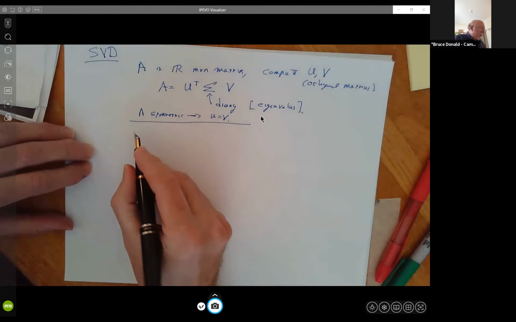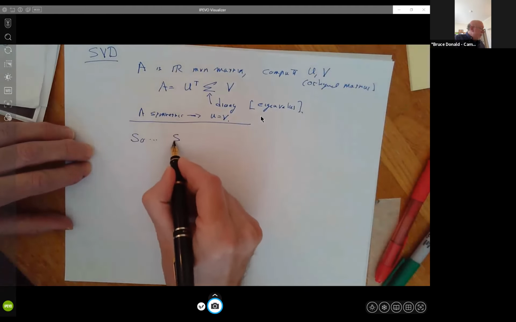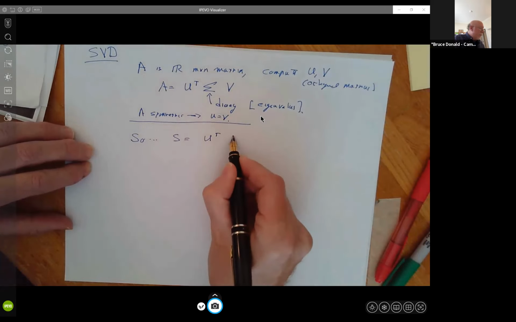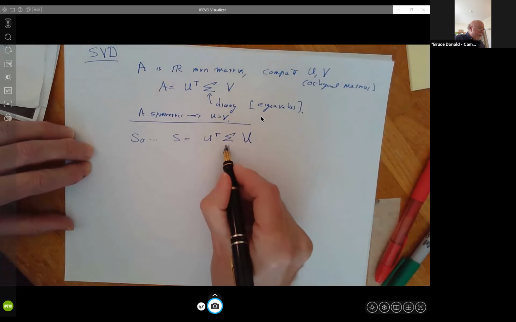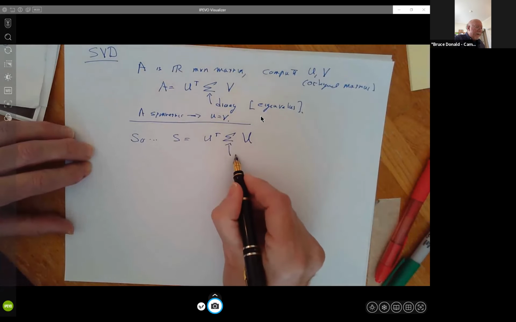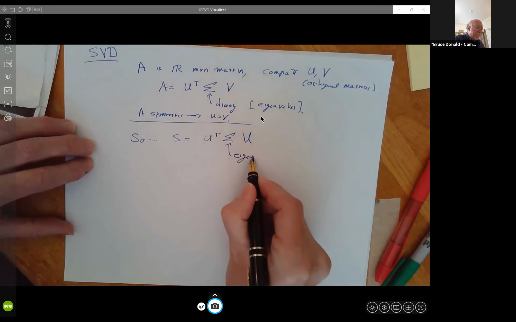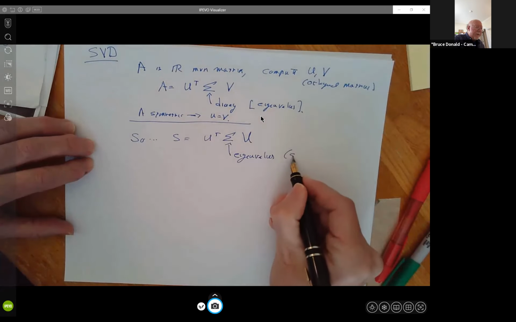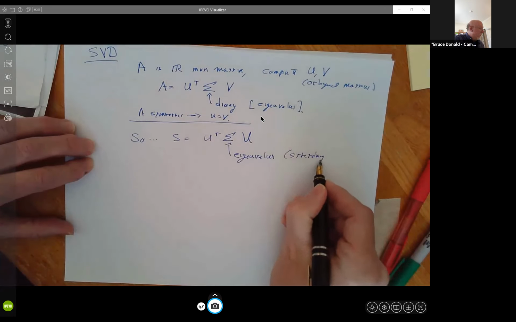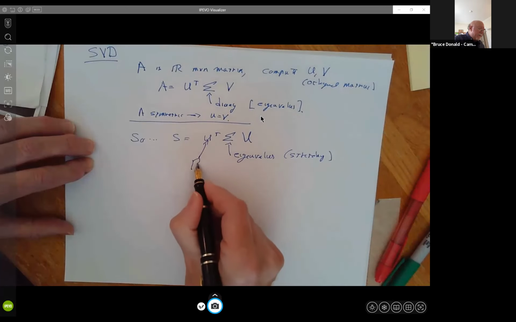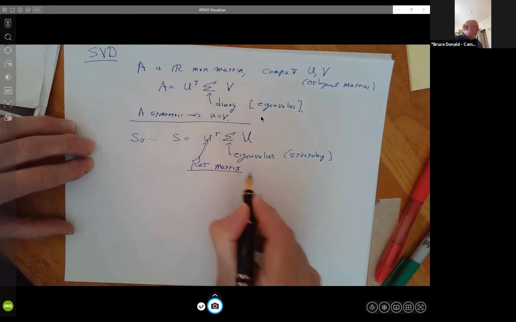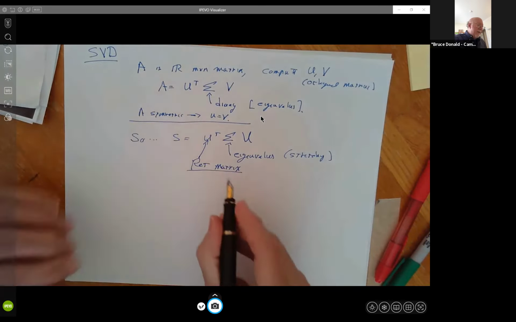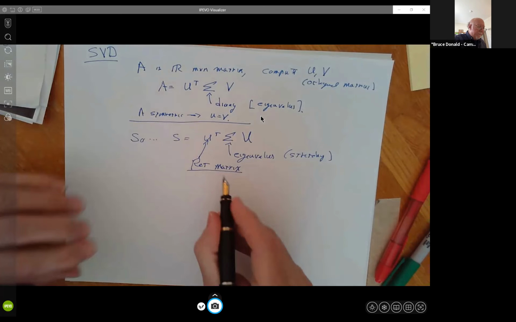So therefore we can conclude that S is equal to U transpose sigma U. And these are the eigenvalues, this diagonal matrix here, and they define the stretching. And this is a 3x3 rotation matrix. So it rotates vectors and it defines the frame. And this is our alignment tensor.